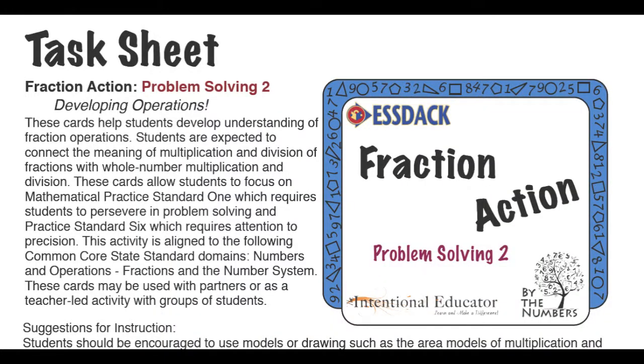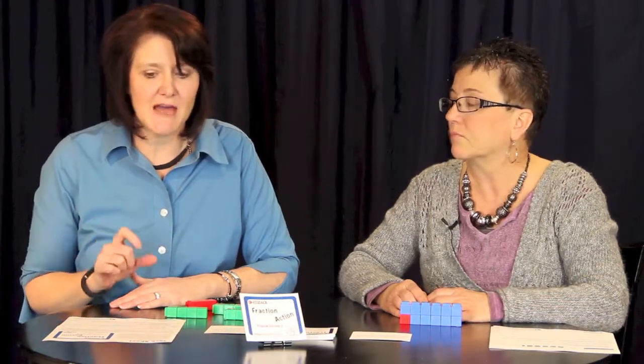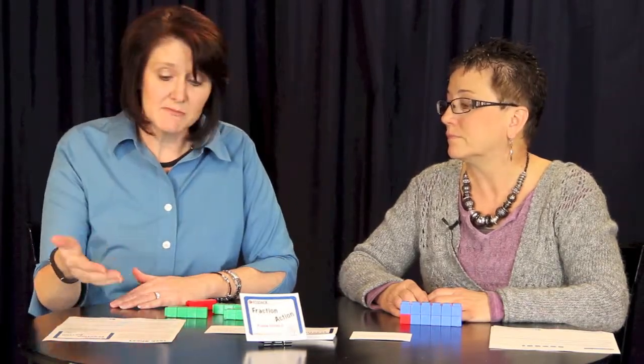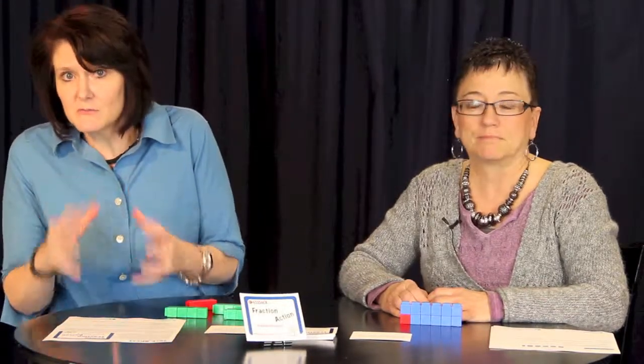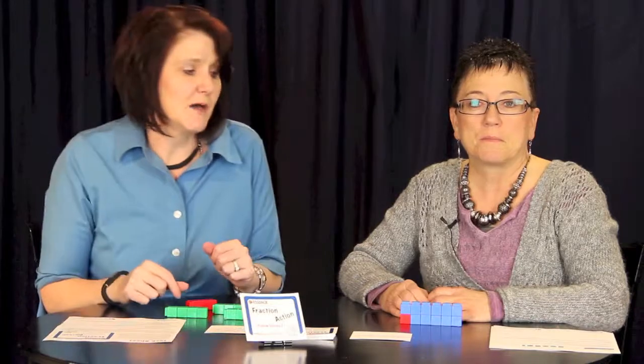And as a reminder, all of our decks come with a TAS sheet that's downloadable from the internet. Be sure that you go to that card and put in that URL and password. And in that TAS sheet, you will see the directions. Besides directions, we've also maybe given you some sequencing of questions to help you transition from whole number multiply to divide to fractional multiplication and division.